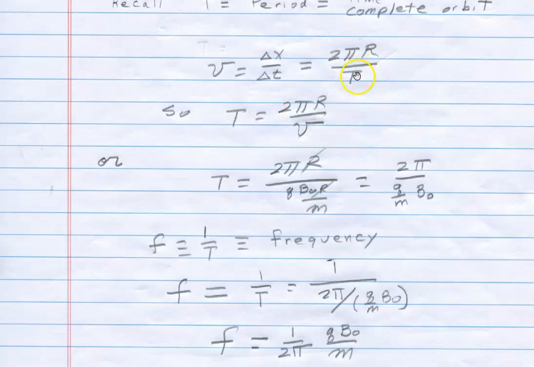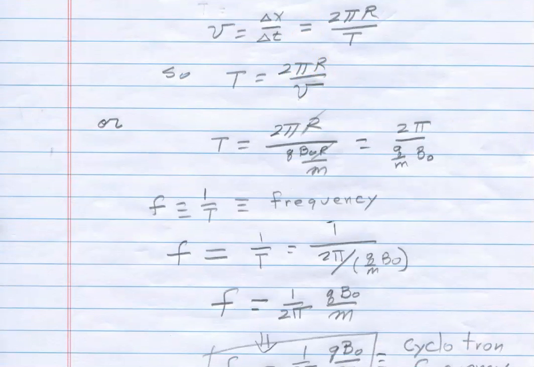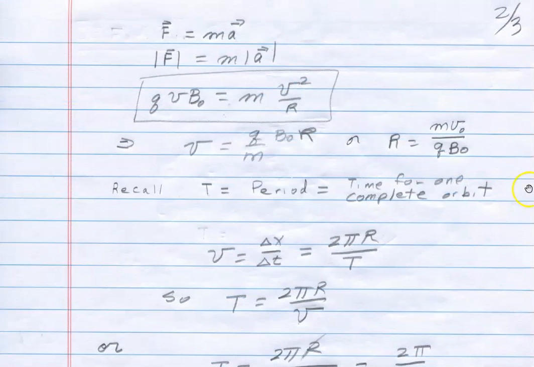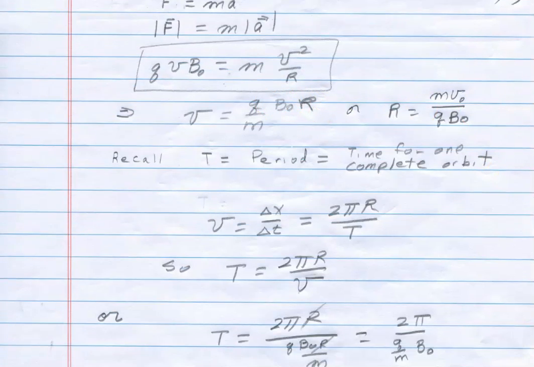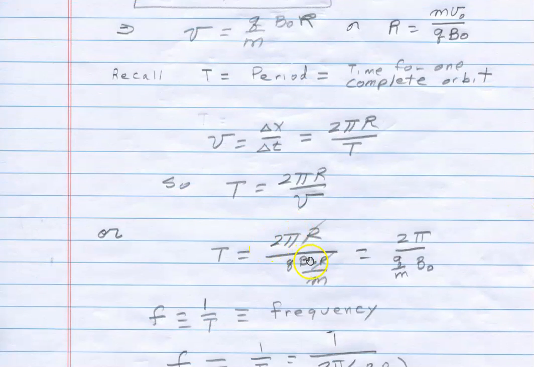So this equation, I can solve it for the period. I get 2 pi r over v from the equation above. And now, I know that from above, v is q over m times B naught r. And so I'll use that expression, q B naught over m times r, to eliminate v.